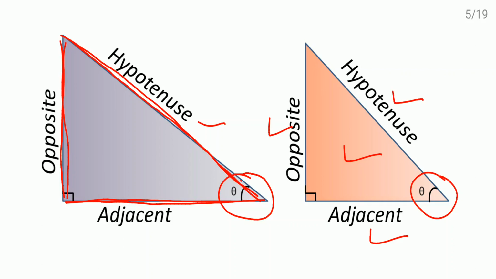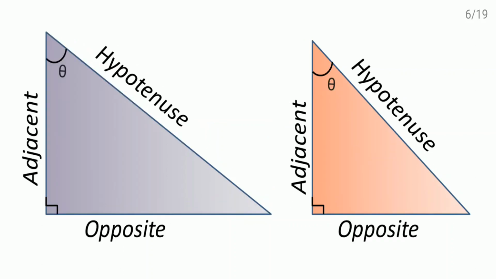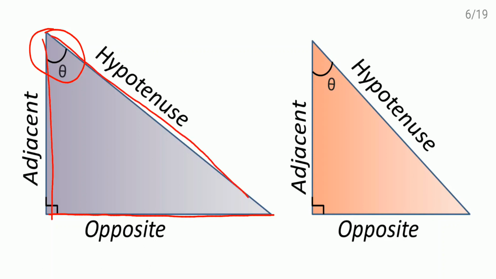opposite to 90 degrees. Now sometimes this angle theta goes here at the top, correct? When angle theta is here, then this becomes the opposite side and this becomes the adjacent side, and this longest side is the hypotenuse. Don't get confused between the adjacent side and the hypotenuse.